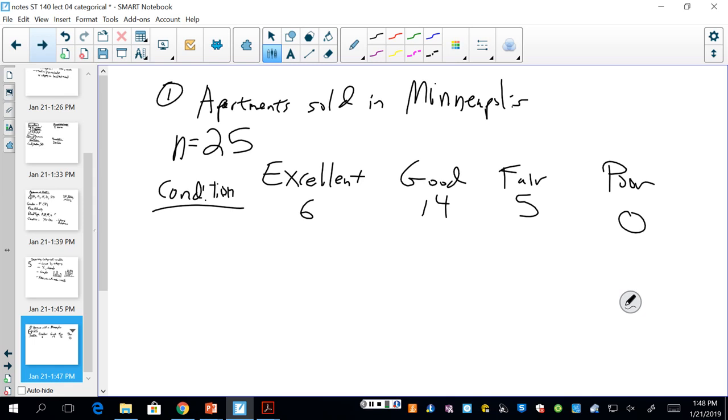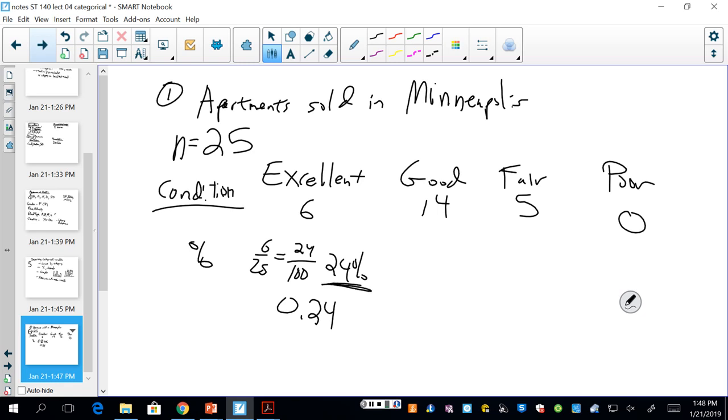So we can certainly look at the percentage of the houses that are of each condition, right? We can take the fraction, 6 out of 25. That's 24 out of 100, or 24%, or 0.24 as a decimal.